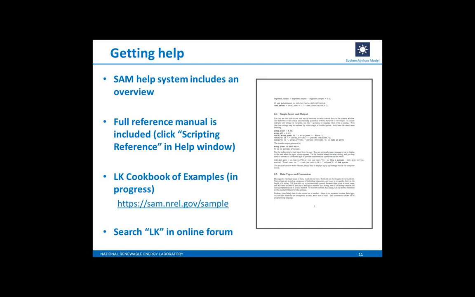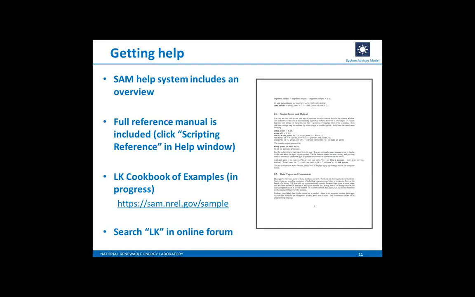We've also started a cookbook of examples on the SAM website, and this is, even with all this documentation, sometimes it's a little tricky to get to know how to use a particular function that takes in maybe a more complex set of parameters. And so we've started putting up example code for different types of functions.